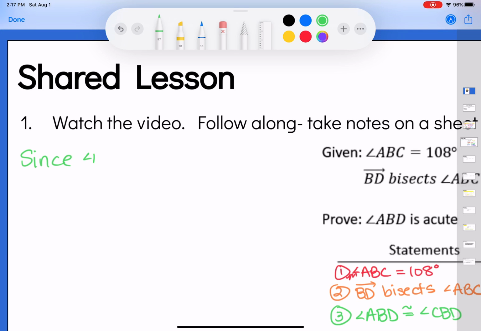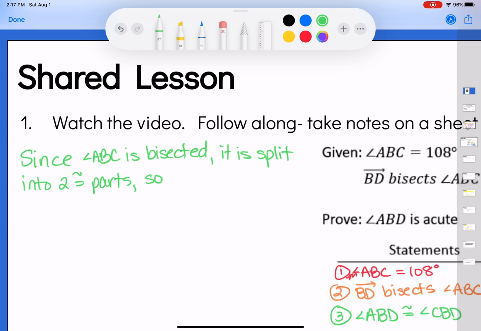Since angle ABC is bisected, it is split into 2 congruent parts. So angle ABD is congruent to angle CBD.